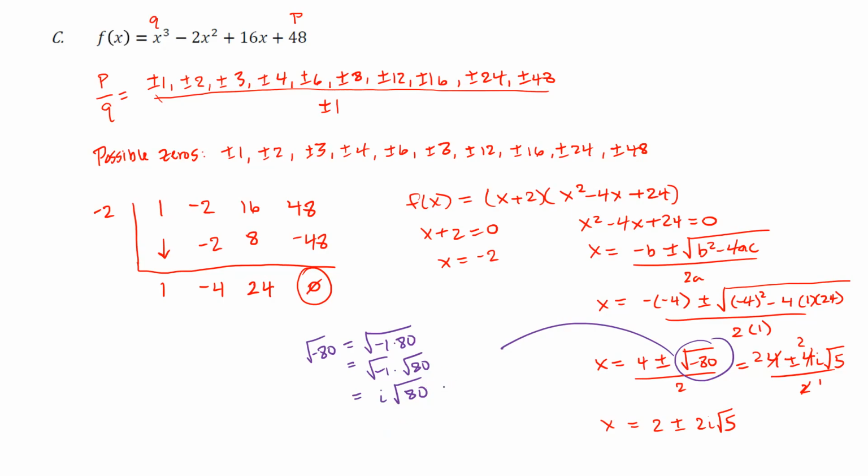Now 80 contains, I should say, the perfect square 16. So when I break up this square root, I'll be able to simplify the square root of 16, giving me 4i square root 5. So my actual zeros of f of x are -2 and 2 plus or minus 2i square root 5.